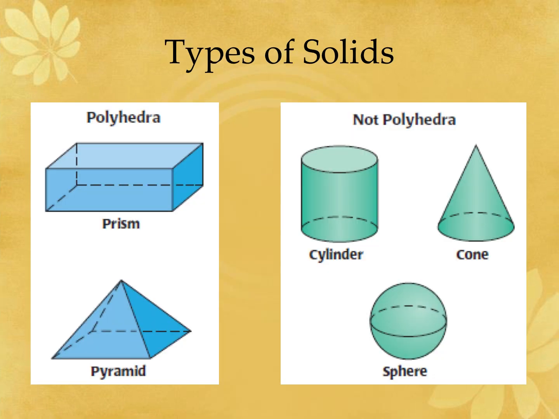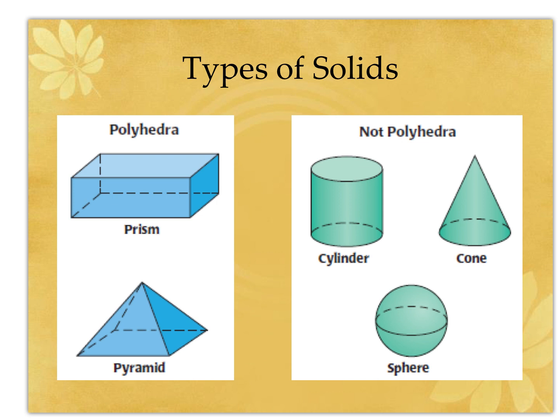And so what types of solids might we have? Well, polyhedrons, remember that they're 3D shapes made up of polygons. All the faces have to be polygons. And so this is an example of a polyhedron, and so is this. Notice that in a prism, every single face is a two-dimensional polygon.